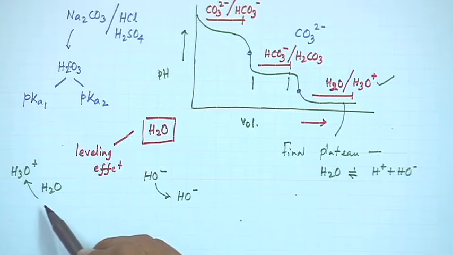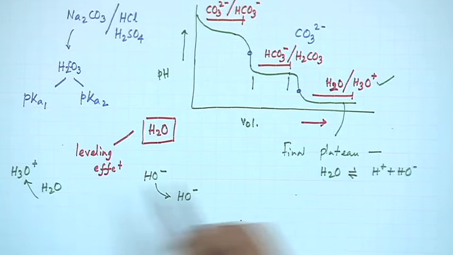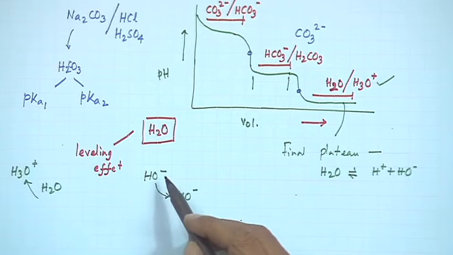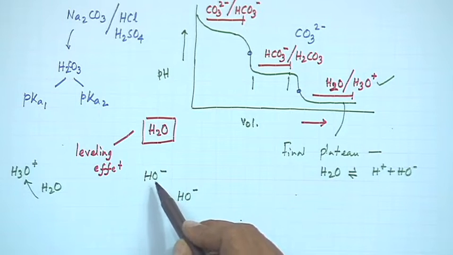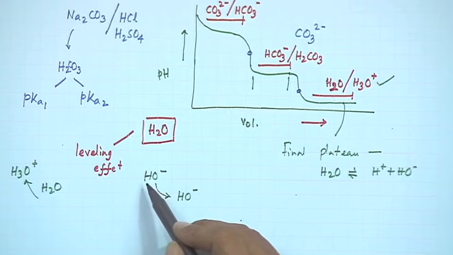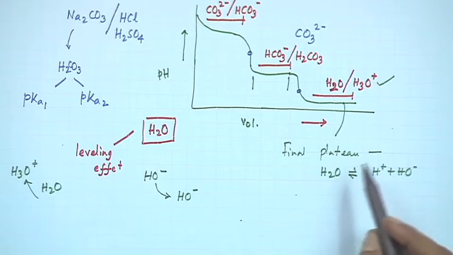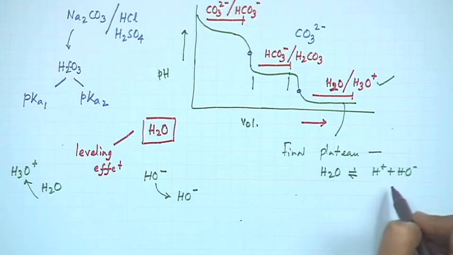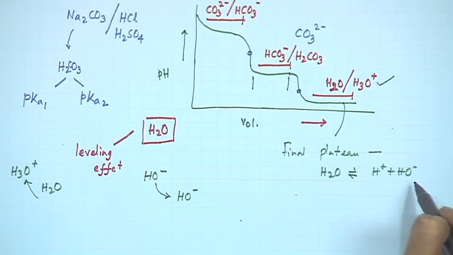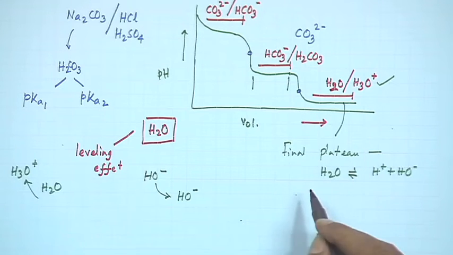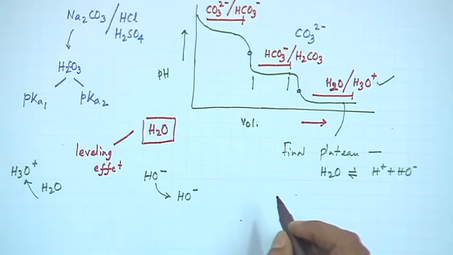So, if you have a strong acid compared to your water, it can donate that proton to this water molecule, and if you have a base stronger than the hydroxide which can be liberated from your water molecule, we can extract this proton from water also. So, sometime we will see how this leveling effect can control the corresponding titration reaction.